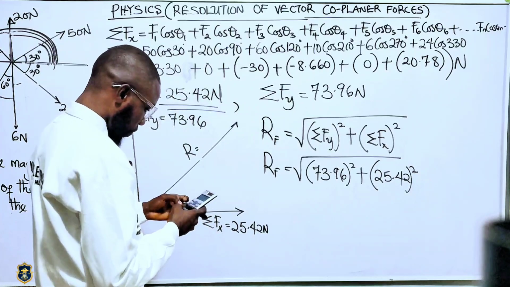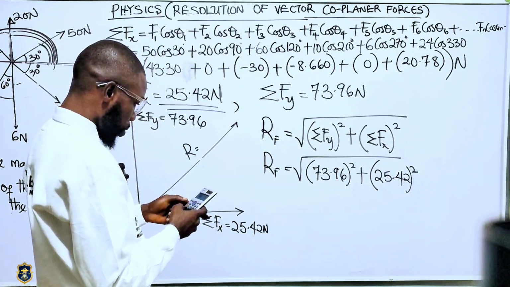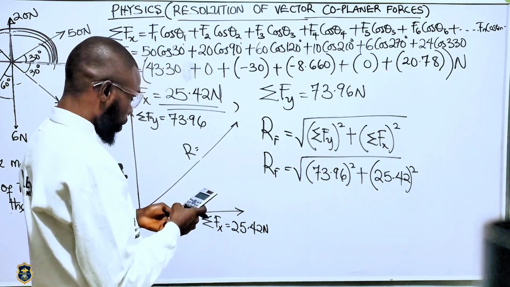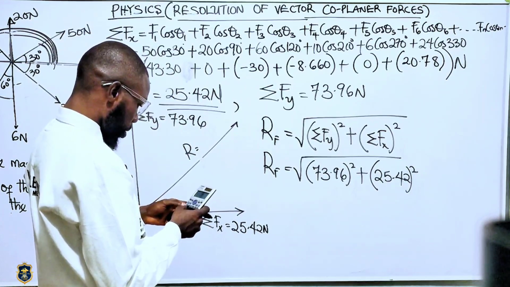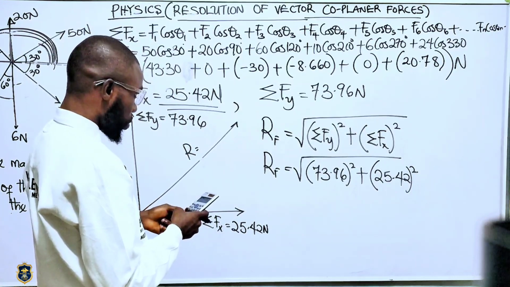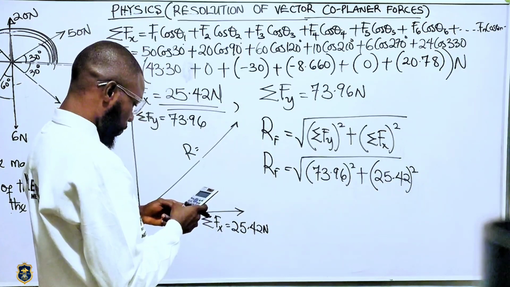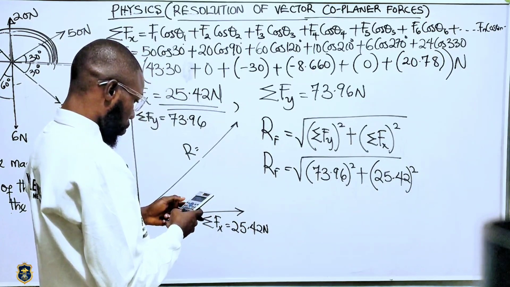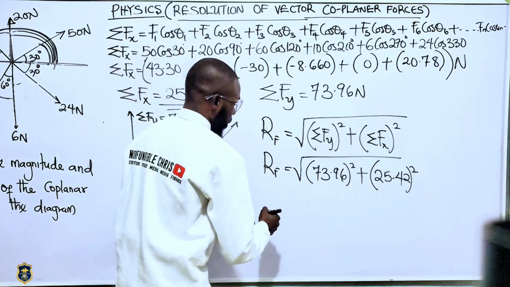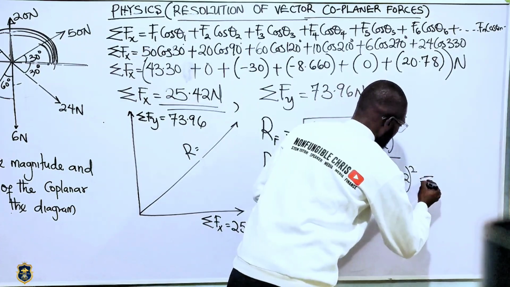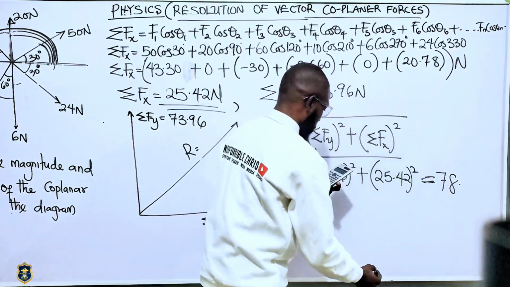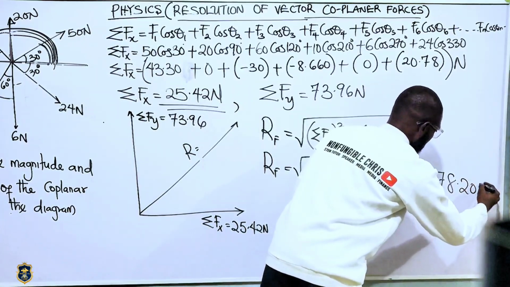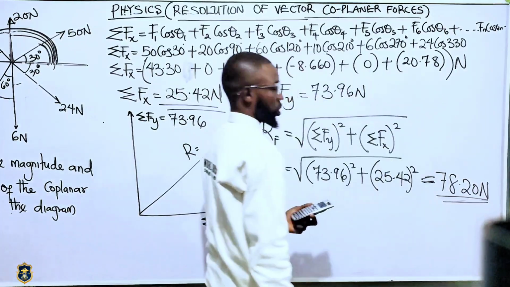Let's do that in a jiffy. Taking the square root of 73.96 squared plus 25.42 squared, our resultant force is 78.20 newtons.